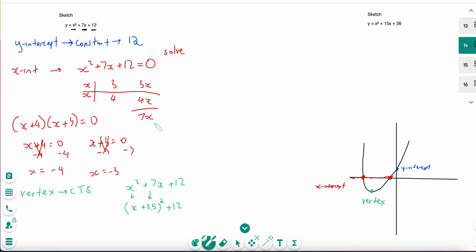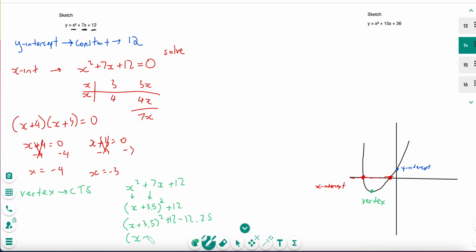3.5 squared is 12.25. To get from 12.25 back to 12, you minus 12.25. So it's x plus 3.5 squared plus 12 minus 12.25.